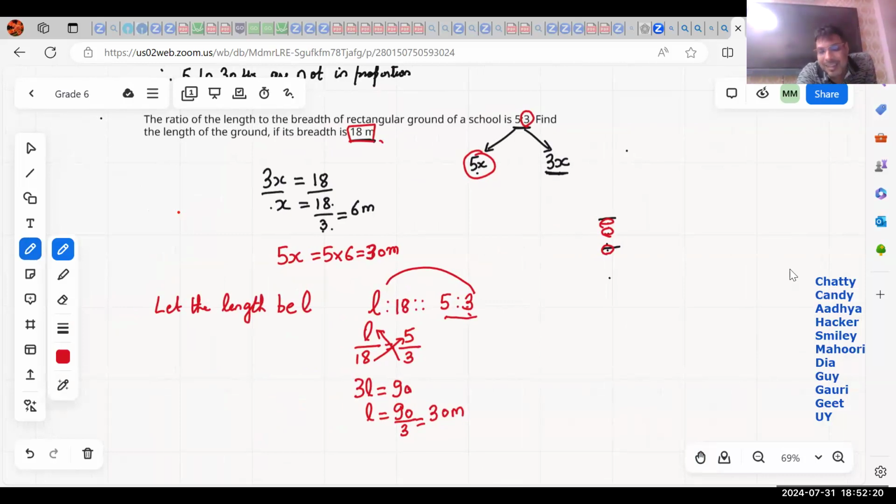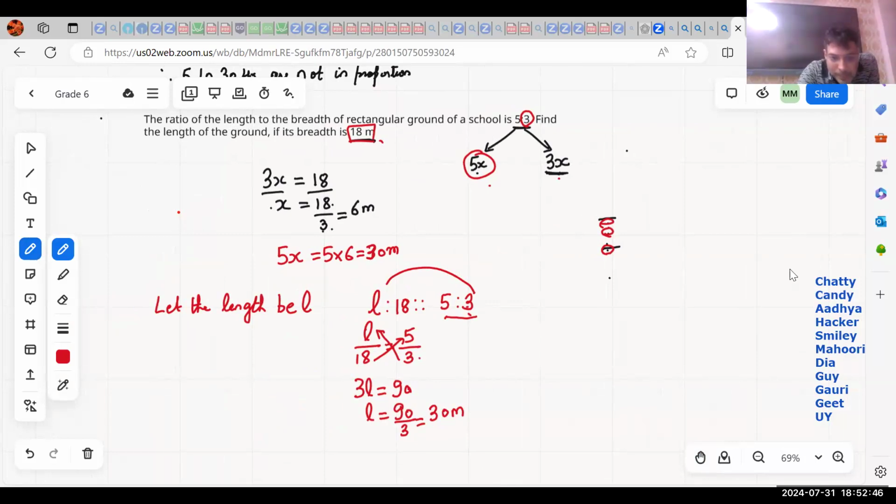Once again, I am telling you, generally this method is rarely used, but in case your teacher teaches you this method, you can always ask me to give you some more practice. Instead of taking 3x and 5x, I wrote the above things in the form of proportion. L upon 18 is equal to 5 by 3.